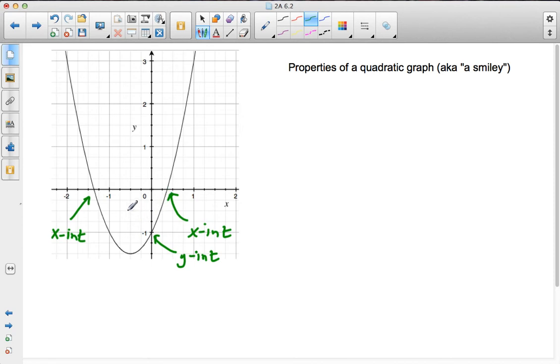Now there's also a line of symmetry. That's the line that cuts the parabola exactly in half, and that's a terrible line. However, through the magic of technology, there we go. I have created a line of symmetry right there.